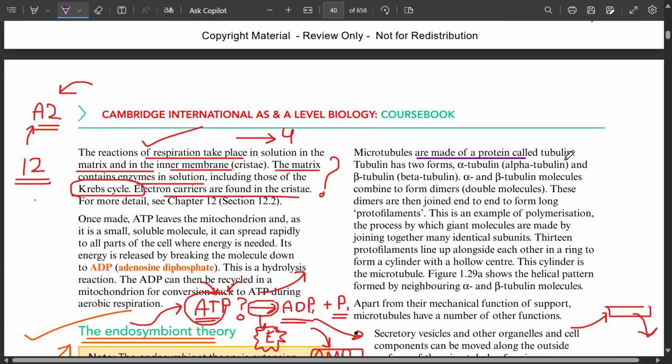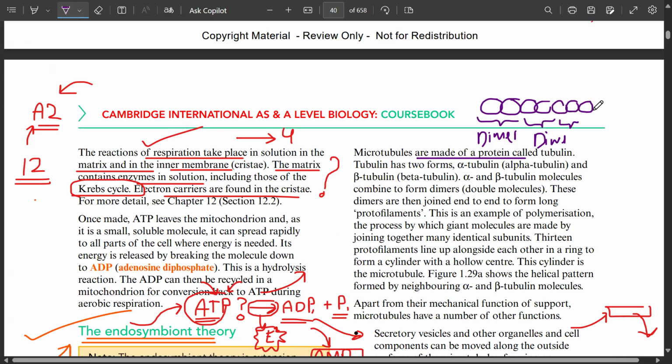Microtubules are made up of a protein called tubulin: alpha tubulin and beta tubulin. And these alpha tubulin and beta tubulin molecules combine to form dimers. Now, this is something very new and you have to listen very carefully. These alpha and beta tubulins join together to form dimers, and dimer means two.